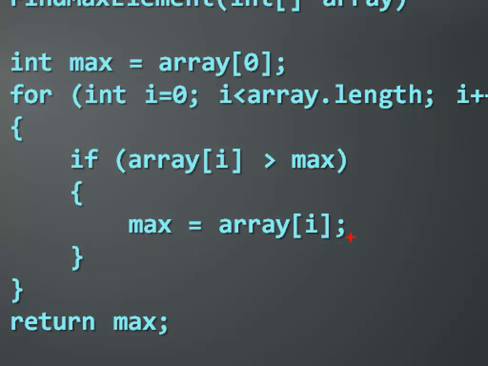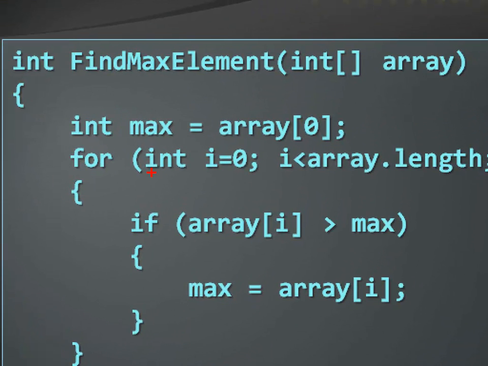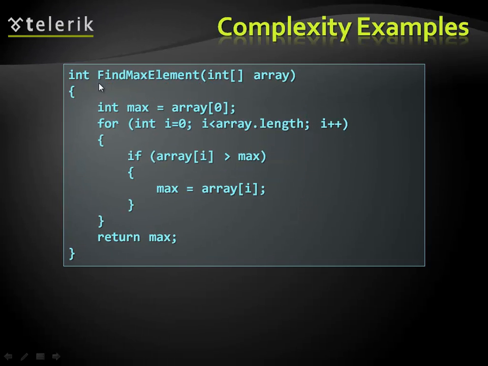But as we said, we don't care about 2 times or 1.5 times or 2 times divided by 3 or something like that. We care about n only. So this is exactly n operations. Why? Because we go through each and every element of this array. N elements, length elements. This is basically big O notation of array dot length. That's basically your complexity in this case, in finding a maximum element.